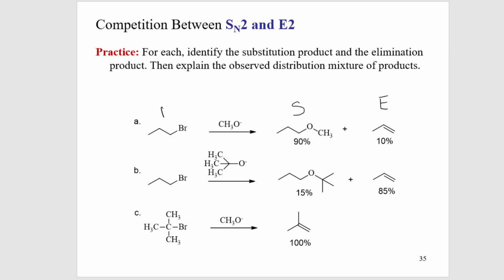Given that the alkyl bromide was primary, and your nucleophile is small and strong, I would think this is SN2 or E2. But I would favor SN2 because a small, strong nucleophile with a primary bromide is definitely favoring an SN2. And that's exactly what we see experimentally.